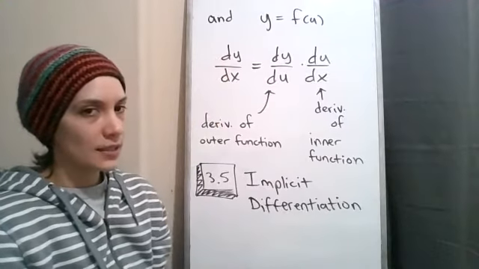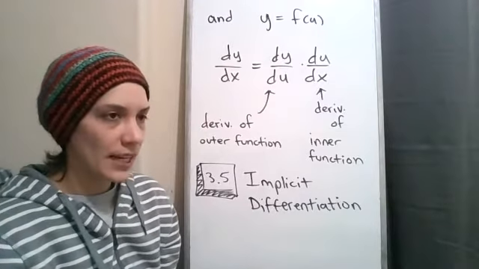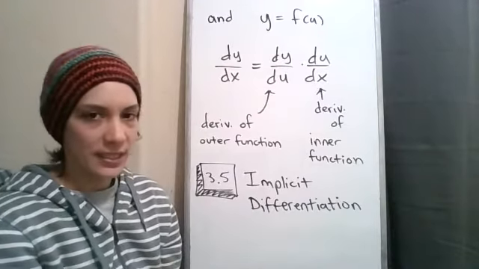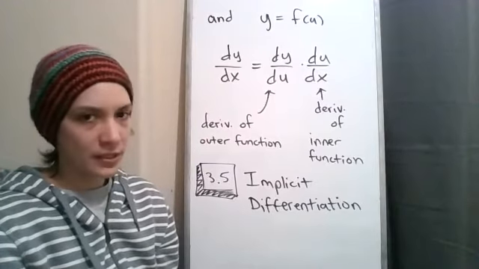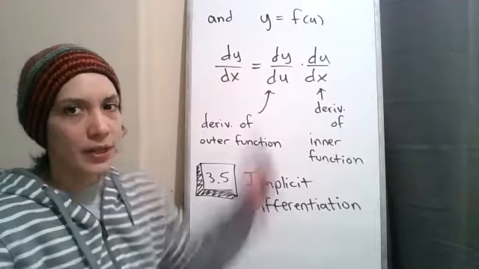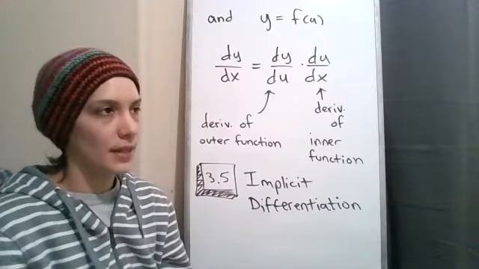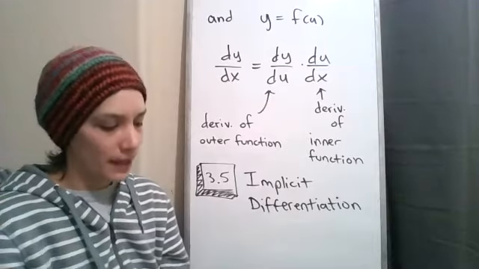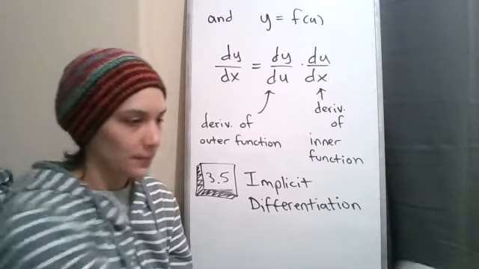Usually it's useful if you can't write y explicitly as a function of x, we will differentiate both sides of the equation. And remember that y is some function of x. So we'll use the chain rule and then work out the problem to isolate y prime. Okay, so first, y is a function of x.